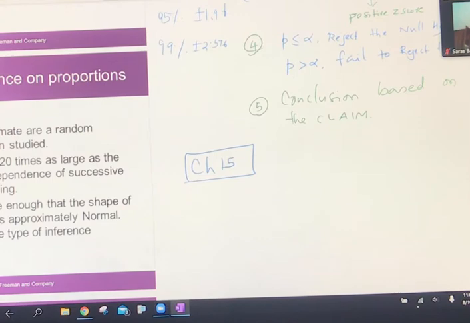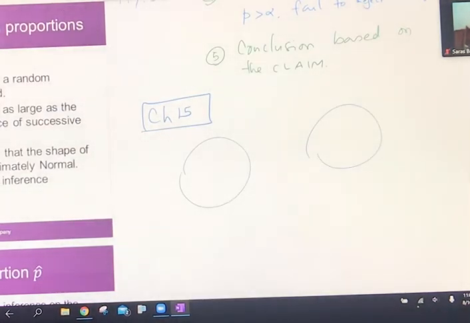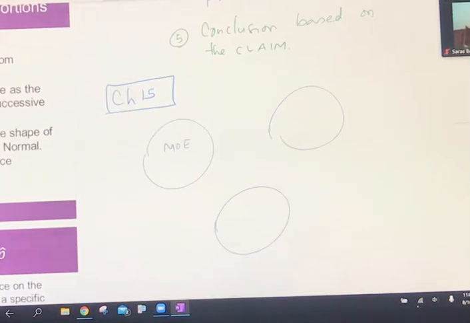So in chapter 15, I told you how the three guys are pulling each other. One is the margin of error with the plus or minus sign, or you will also have the keyword within. These are the keywords. Then you have the C level, which gives you the Z star number. And then you have n, the sample size.